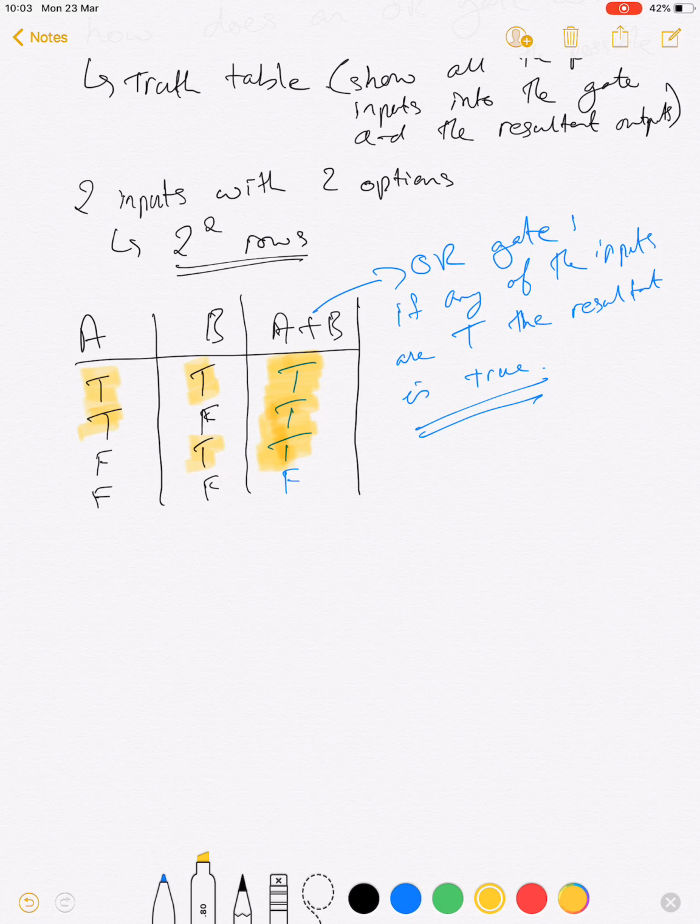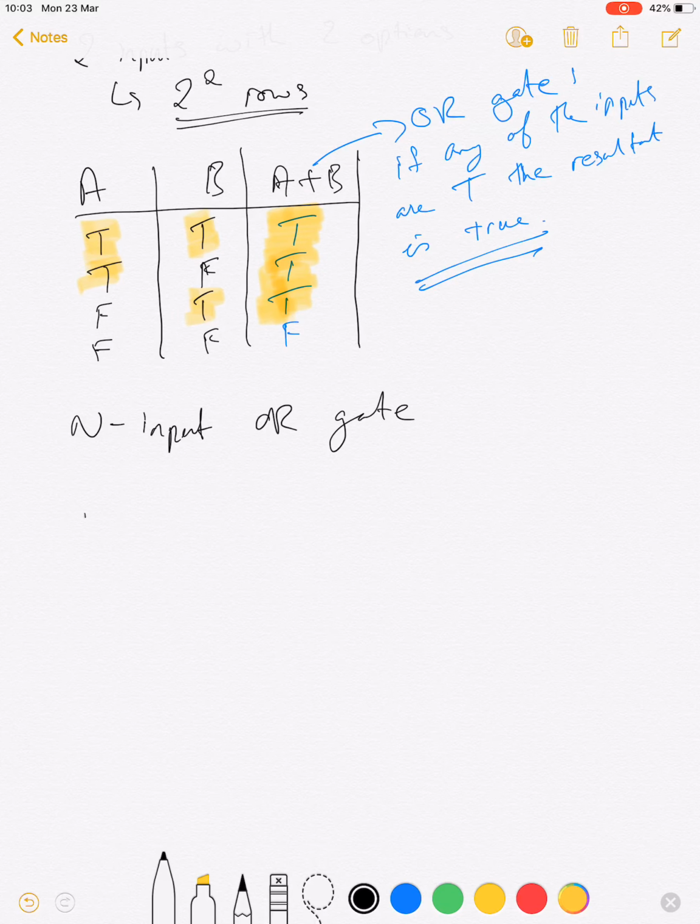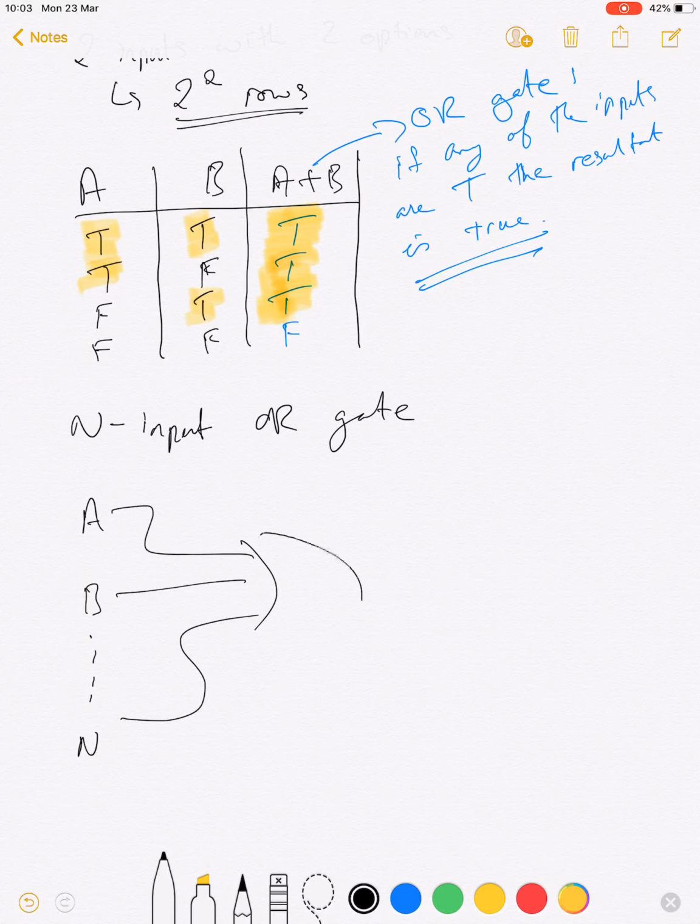We can also have what's known as an N-input OR gate, where we have many different entries going into our actual gate. And the construction is the exact same.